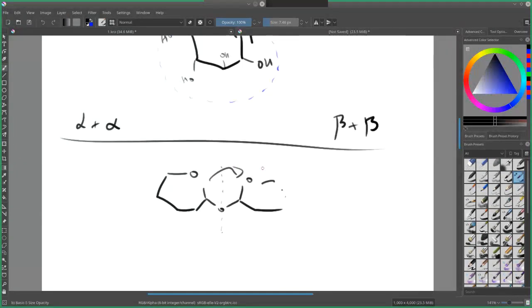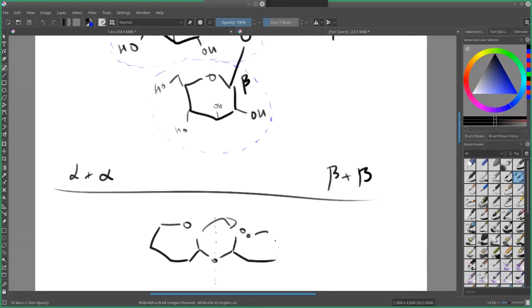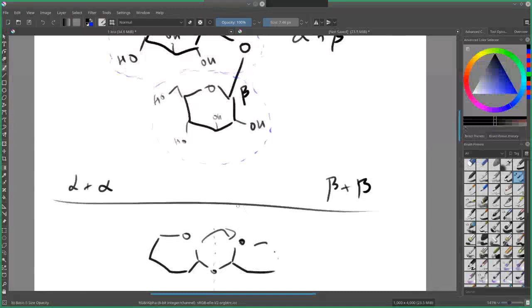So then we wouldn't have D-glucose anymore. We would have L-glucose. Or you can go through and redraw this other one in a way that it does have the O up here, but it'll get a lot more complicated because then you have to flip your molecule around a whole bunch, and these are already some fairly complicated structures.